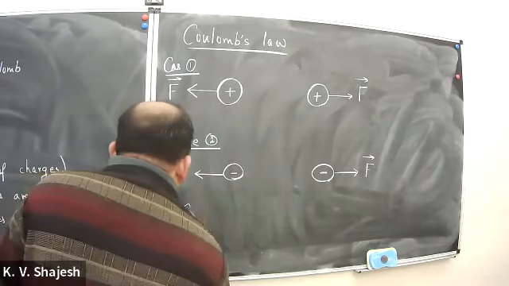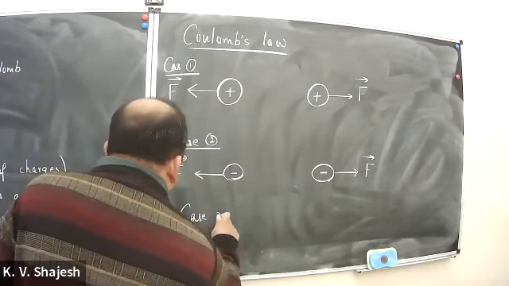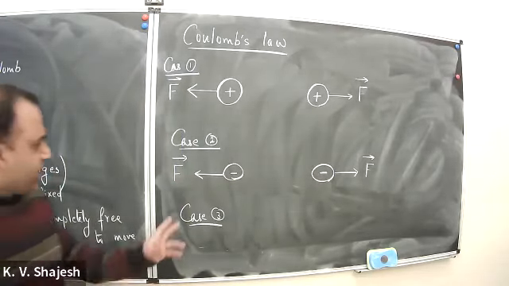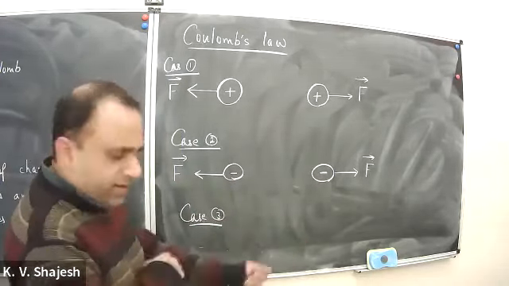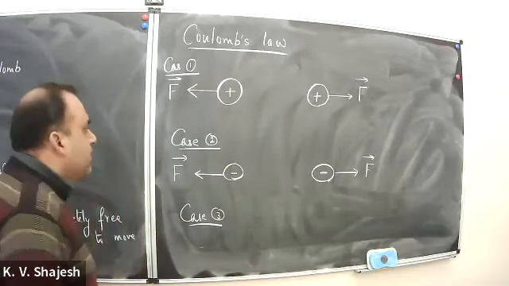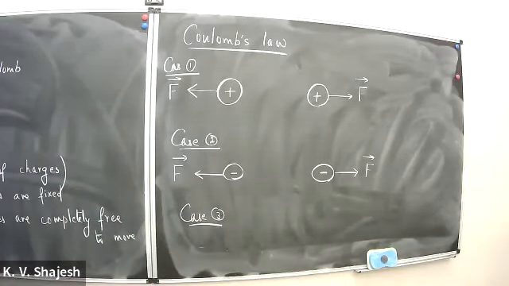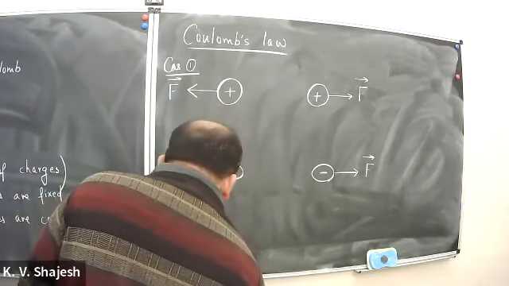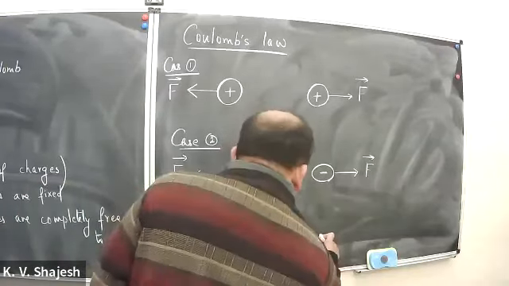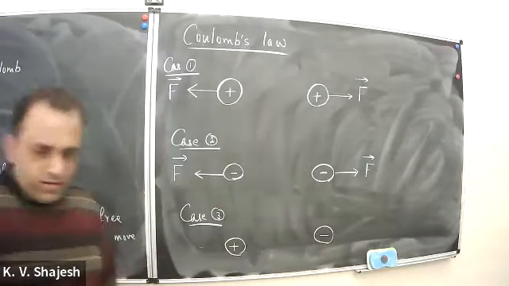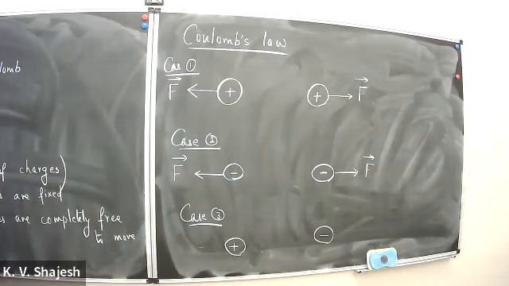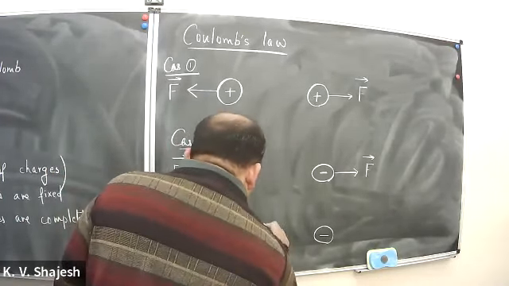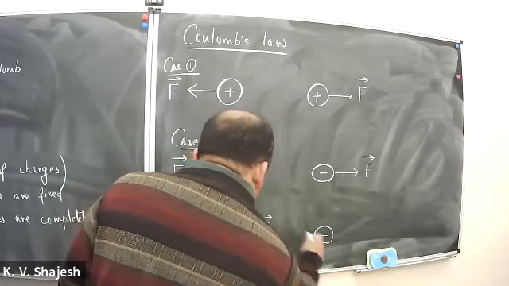Let's put a case three. There is also a possibility that these two charges need not be the same, and once they are not the same, it doesn't matter whether it is positive or negative. So in principle there are four cases, but the third and fourth are in a sense identical. There is a positive charge and a negative charge, and in this case it was noticed that the force is attractive.